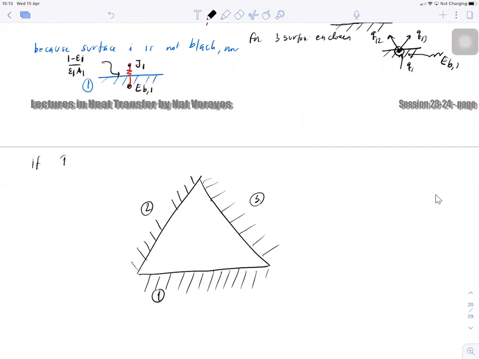If 1, 2, 3 are not black, but gray, meaning independent of wavelength and direction, and in fact alpha is going to be equal to epsilon.